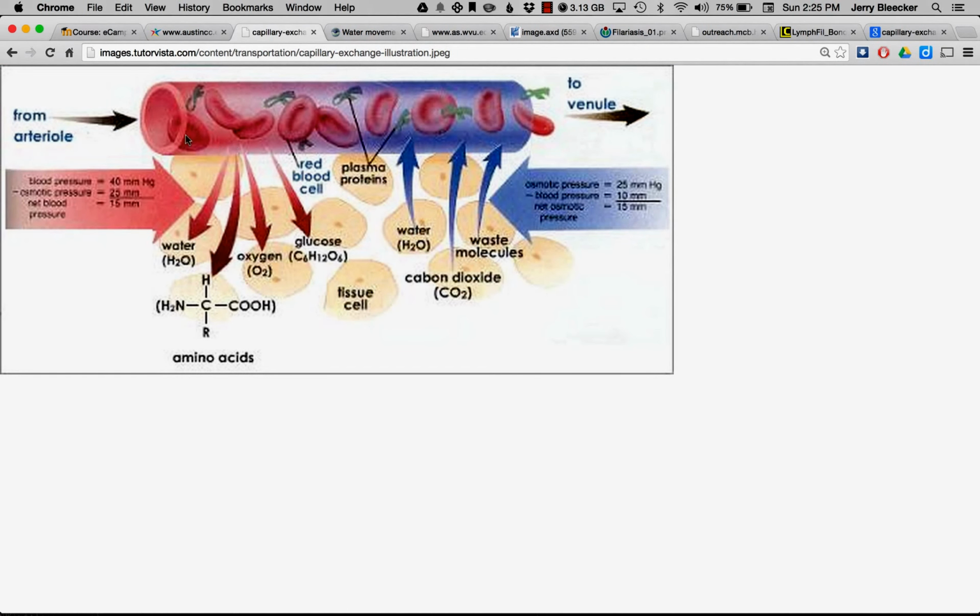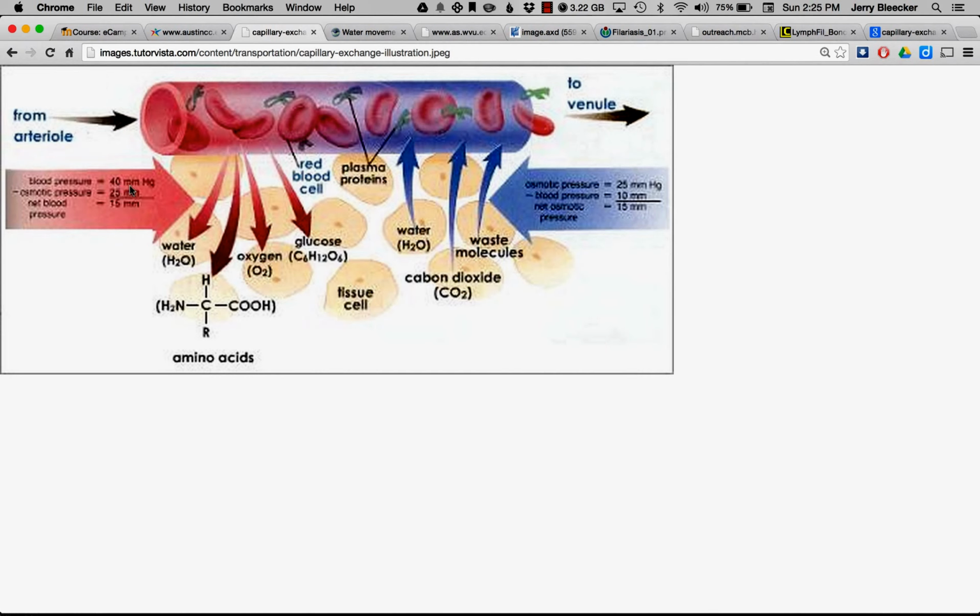You want really high pressure leading from the arteriole because that helps to push water out, which all our tissues need, and our nutrients. And we see oxygen, amino acids, glucose, triglycerides, etc. Now, the pressure on the arterial side is a little hard to read here, so I'll just state it.